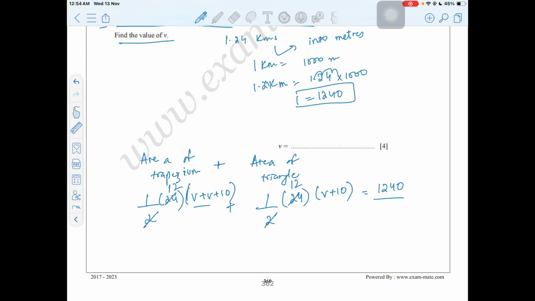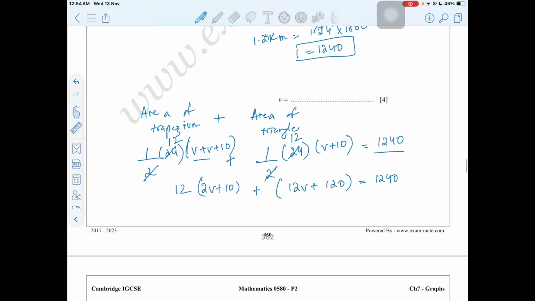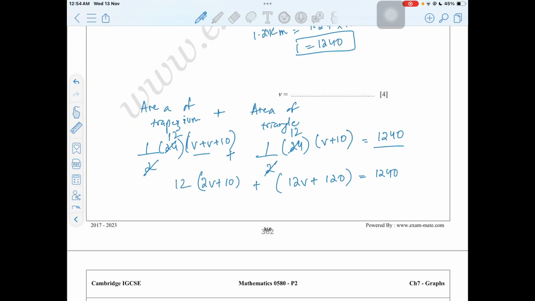So this is 2v plus 10 multiplied by 12, and we have here 12v plus 120 equals 1240, and we are given 24v plus 120 plus 12v plus 120.